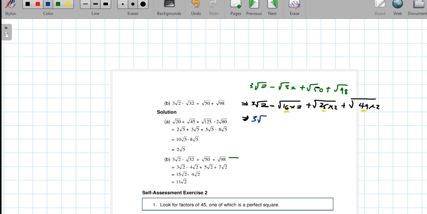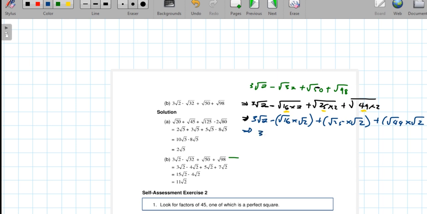This is 4 root 2, and this is minus root 16 times root 2, plus root 25 times root 2, plus root 49 times root 2.